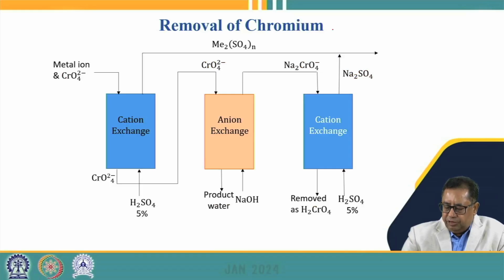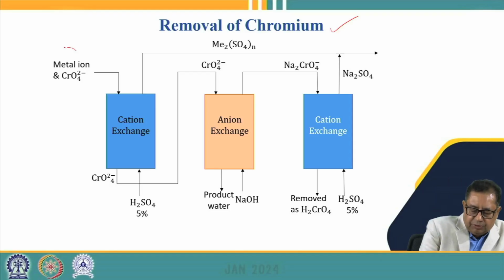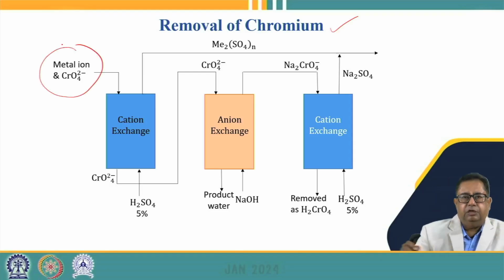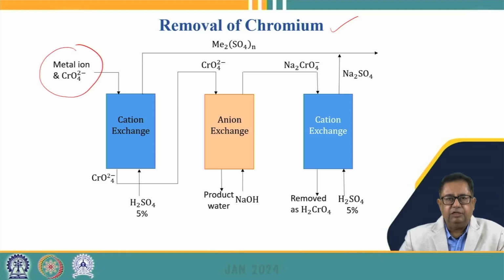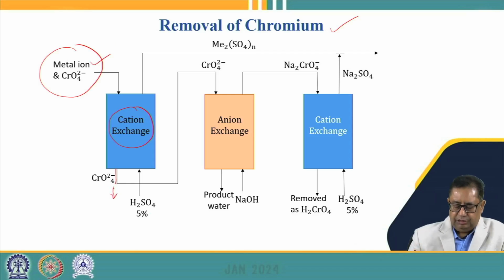So we can see here a very important example for the removal of chromium. It can be applied for electroplating bath solution. We have electroplating wastewater coming, which contains a number of metal ions as well as the chromate which is used for the electroplating bath solution. It is passed through a cation exchanger so that whatever metal ions are present can be exchanged here, and we get a water which is now only laden with the chromate.